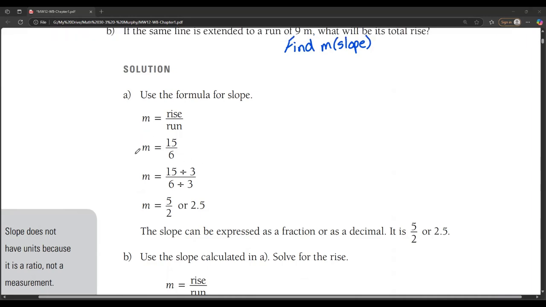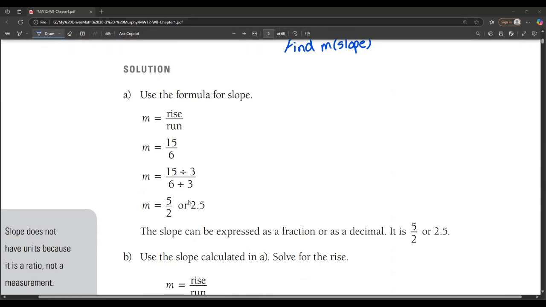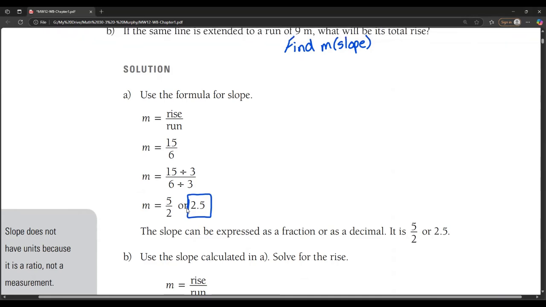So in your calculator, you can go 15 divided by 6, hit enter, and you'll get 2.5, which is our first answer right here. And I'm okay with you just using decimal answers for your slope. That's absolutely fine. This middle step is reducing the fraction by hand. So they found a common factor of 3 and divided 15 by 3 and 6 by 3 and brought it to 5 over 2.